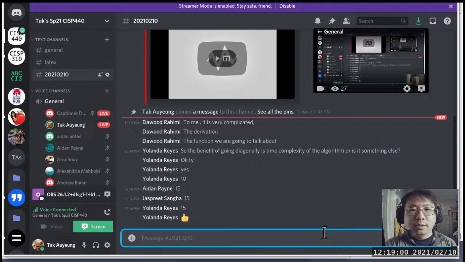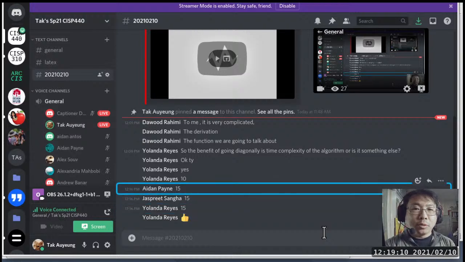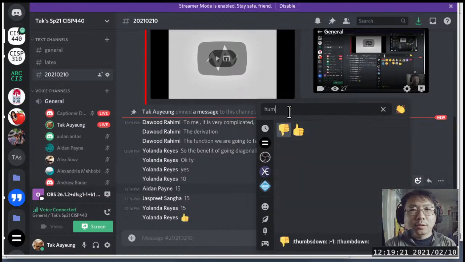Okay, so let's just say that I want to go back to Aiden's message and give it an OK hand. So we basically just go back to here, and then the shortcut key to add a reaction is the plus key. So once I press the plus key, I can basically type what emoticon I want to use. So I can say thumb up like that, and then press the enter key.